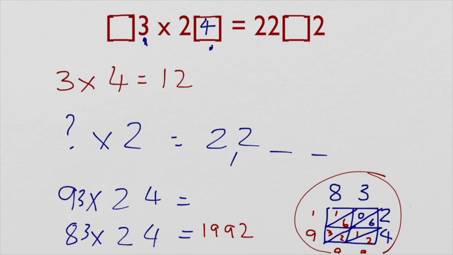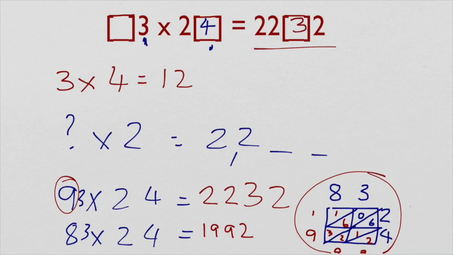A little bit smaller than my answer, so I need to make that number bigger. So now I will try 93 times 24. I'll work it out. I suggest when you work these out that you write out your full working on a piece of paper. And I know that 93 times 24 is 2,232. So that means the 3 fits into the box right there, and the 9 fits in there.